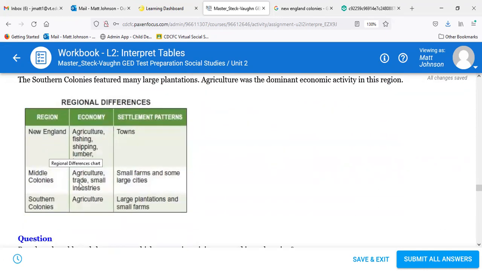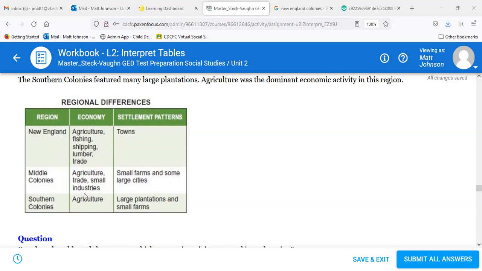Regional differences here. So our region column is New England, middle colonies, southern colonies. Again, our column for economy is indicating agriculture, fishing, shipping, lumber, and trade for New England, agriculture, trade, and small industries for the middle colonies, and agriculture for southern colonies.